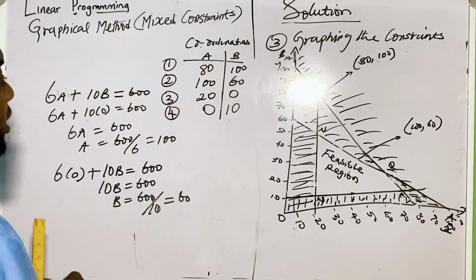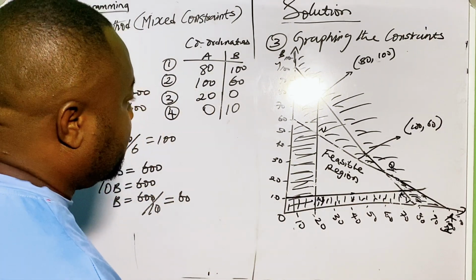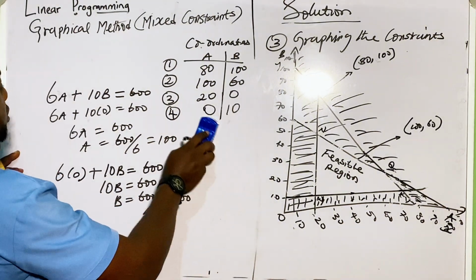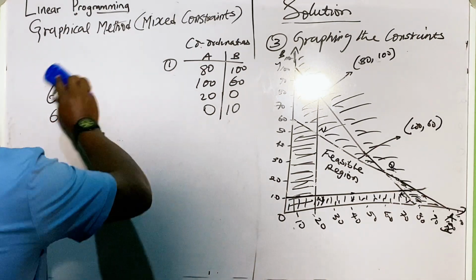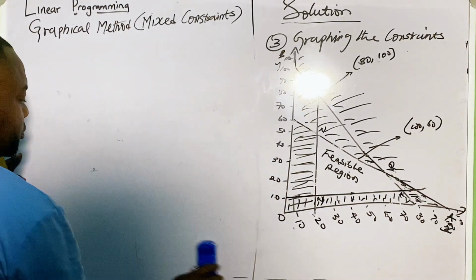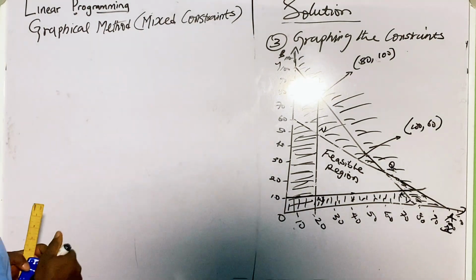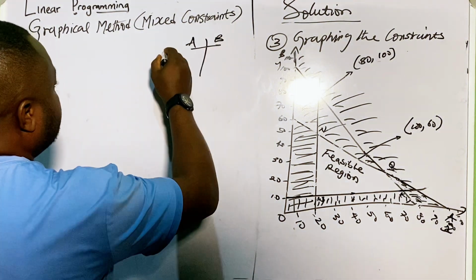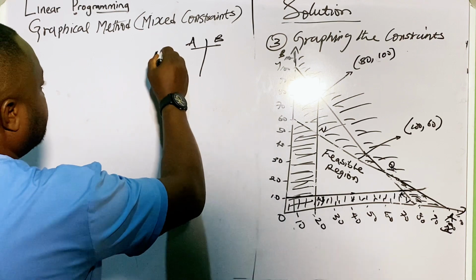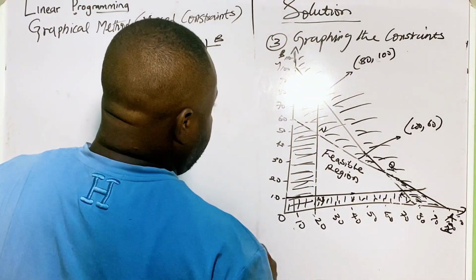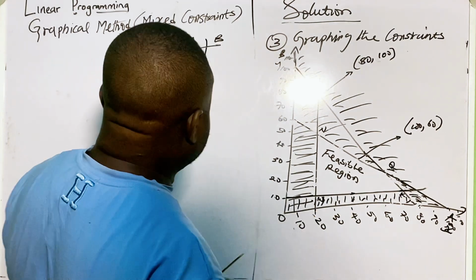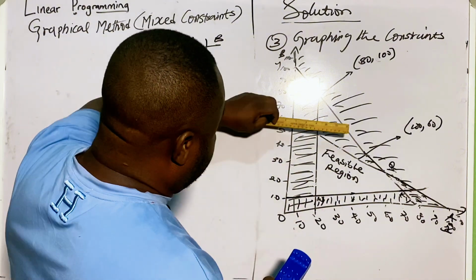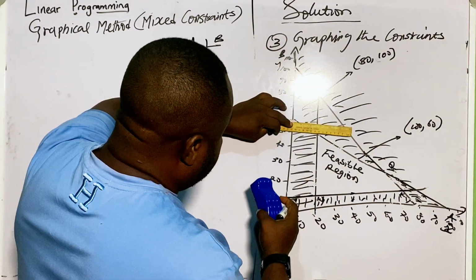So we'll quickly test them by reading them off, and inputting them in our objective function to find out their values. So this is A, this is B. At point N, my A is 20, while my B, we can read them off here, that's this point.